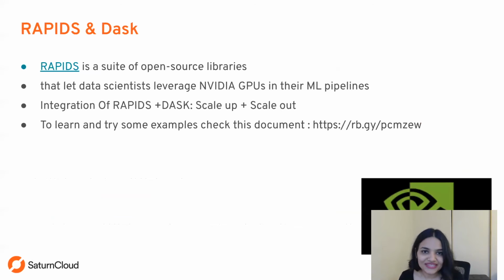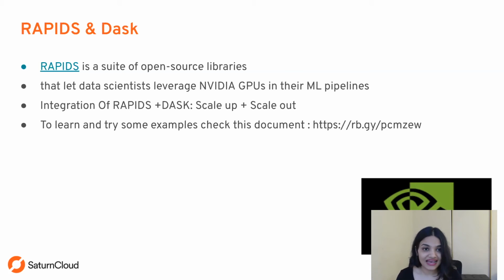So now we know that Dask is fast, but can it be faster? Yes, it can be faster if you integrate Rapids along with Dask. So what is Rapids? Rapids is a suite of open source libraries used by scientists for using GPUs in their machine learning pipelines. Let's take an example. When you are running your computations using pandas, they run on CPU.